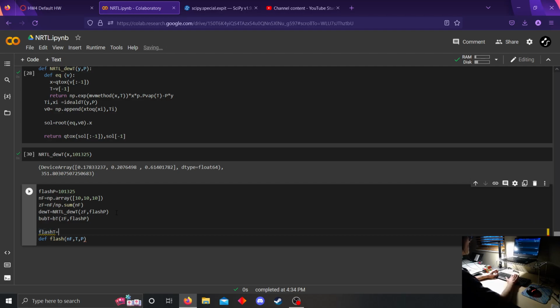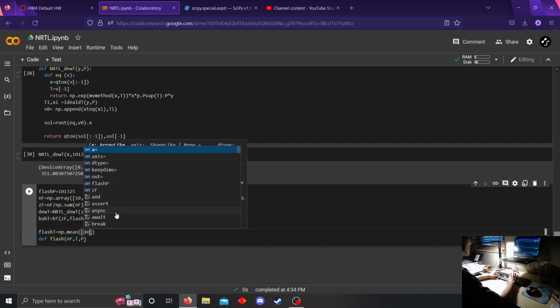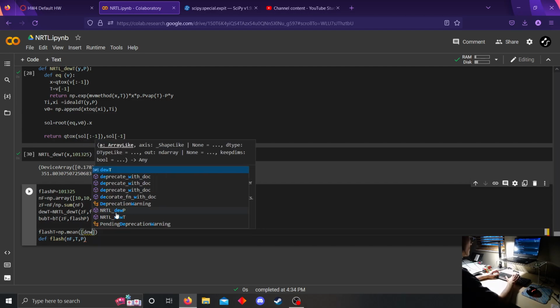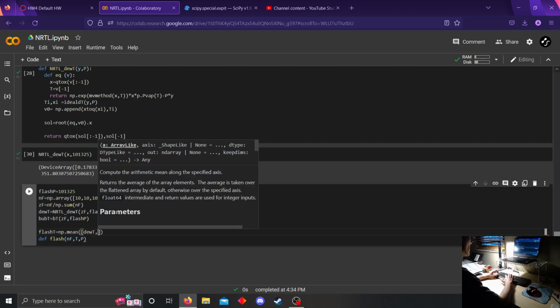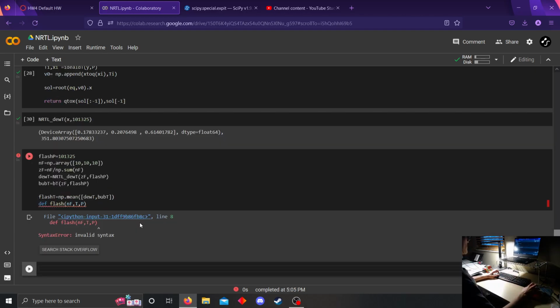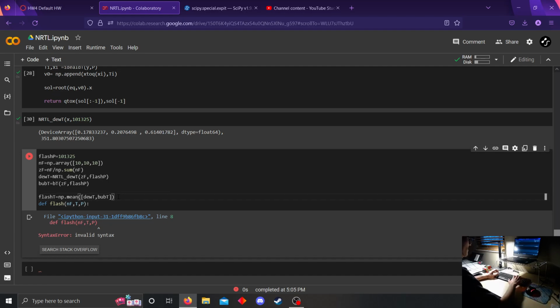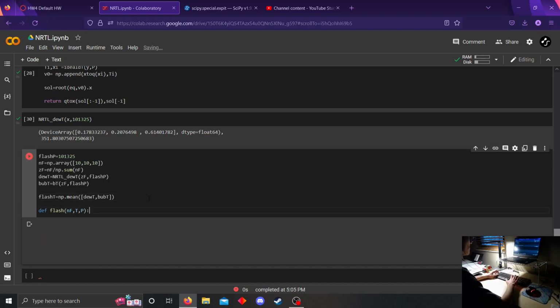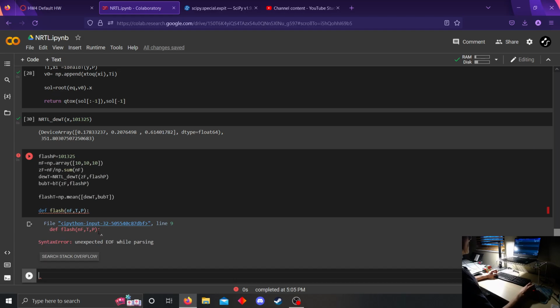I think the way we can do this is np.mean of the dew temperature and the bubble temperature. Okay, seems to be fine so far.